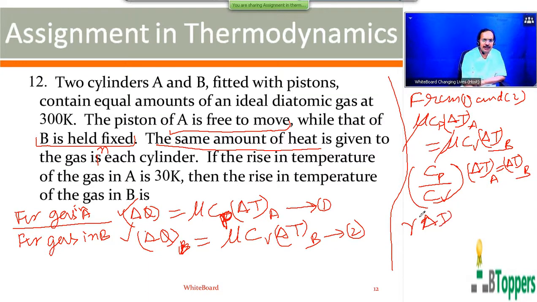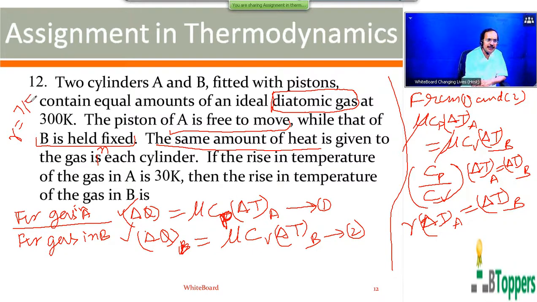So gamma into delta T for A equals delta T for B. Both cylinders are filled with the same ideal diatomic gas. So gamma for a diatomic gas, as I told you in the past, can be taken as 7 by 5. Delta T for the gas in cylinder A is 30 Kelvin.